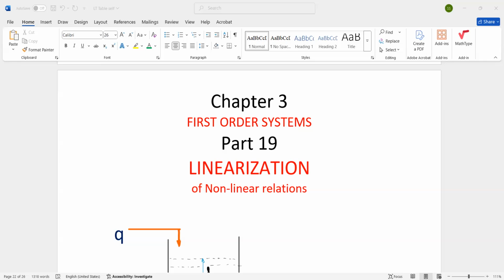This advantage of the transfer function makes us think that even with a nonlinear relationship, if we can get a transfer function by some approximation or by some modification of this nonlinear relationship, then it will be very useful. That is what we are going to see now.